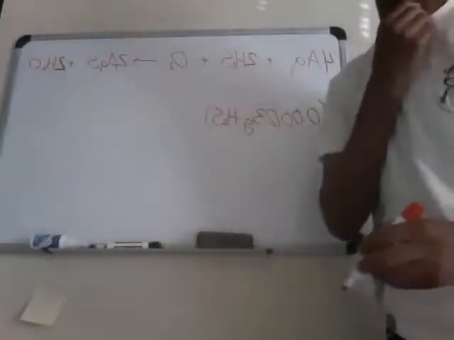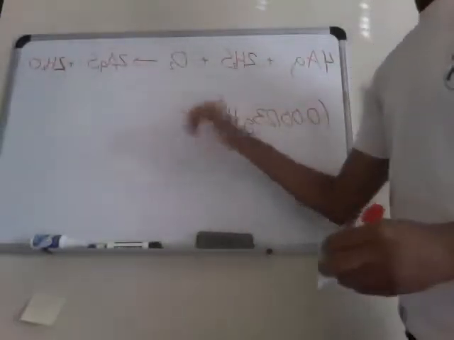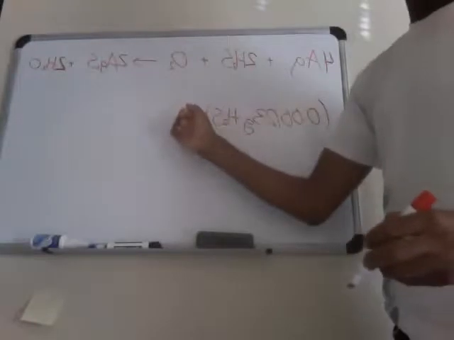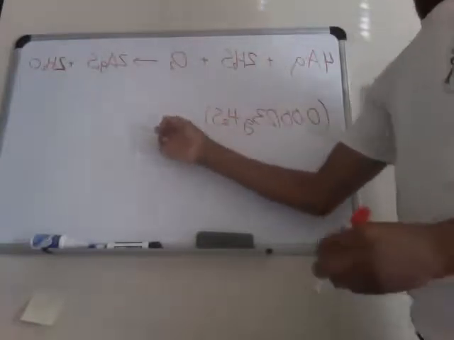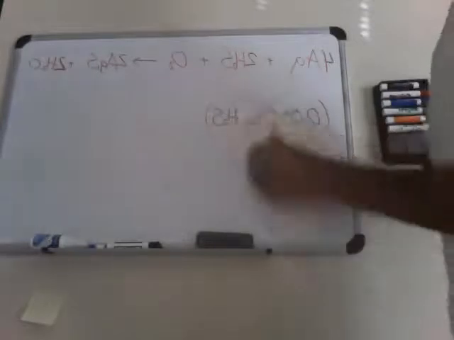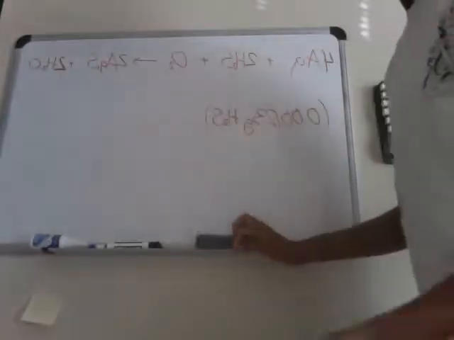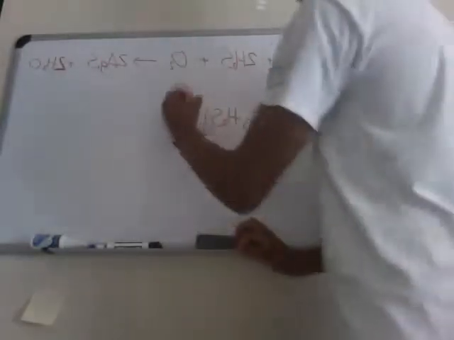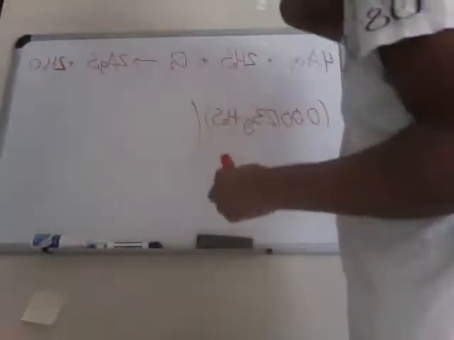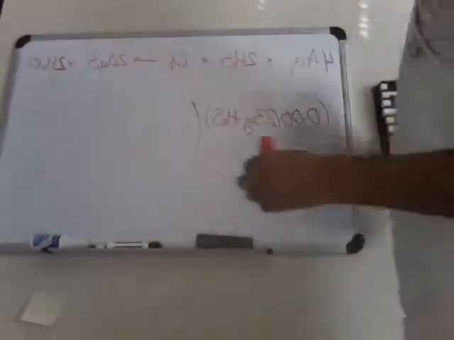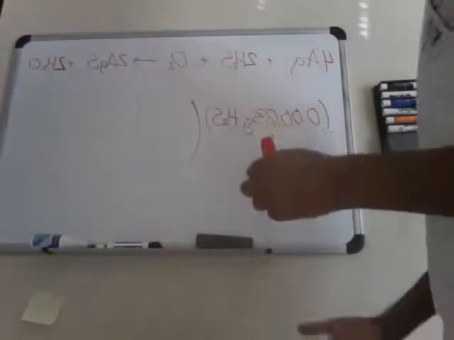To find the amount of moles, because you want to find moles first, right? What you're going to do is use the molar mass that you get from the periodic table. Sulfur is about 32 grams, and hydrogen is 1 gram.